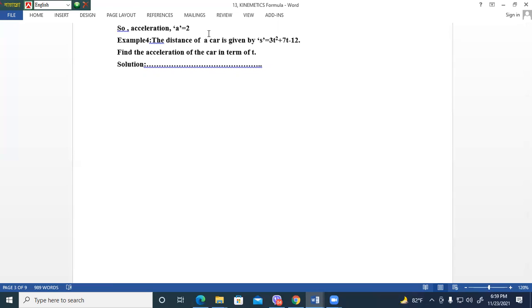So what's given here? Distance is given. s equals 3t square plus 7t minus 12. If you want to find the speed, what to do?